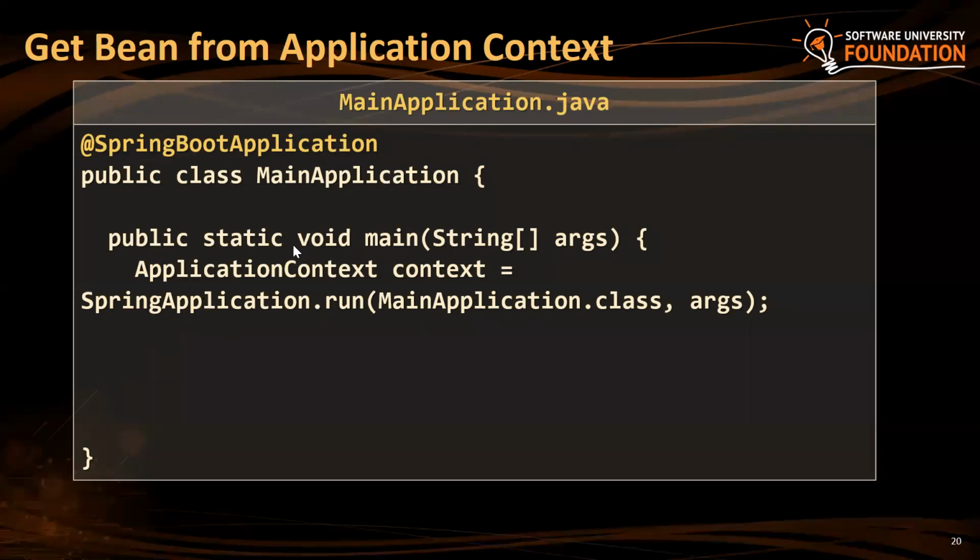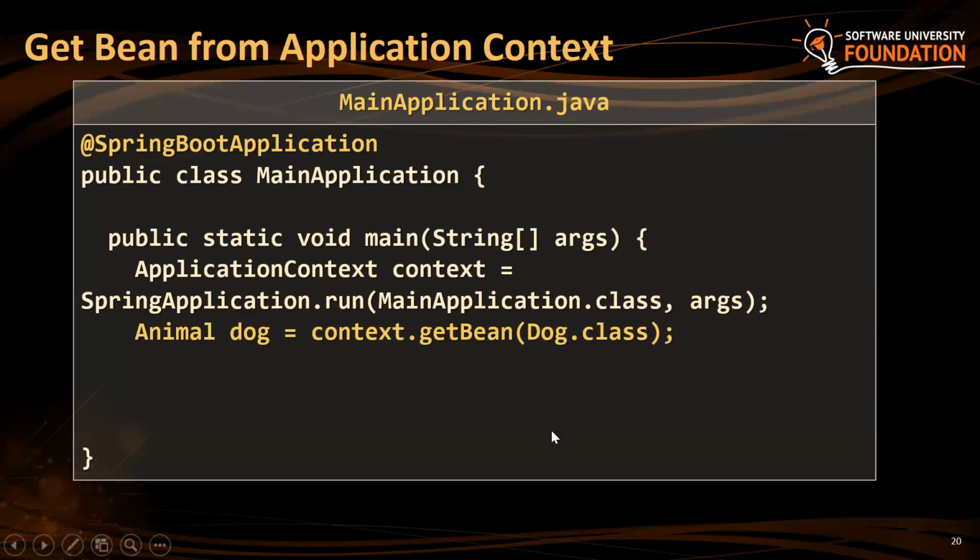That is the starting point, and it will have the main method. As we know, the execution of any class starts with the main method. You can see the main method here, and within that main method there is a run function: SpringApplication.run. Okay, this is how a Spring Boot application looks.